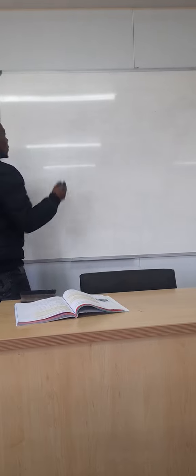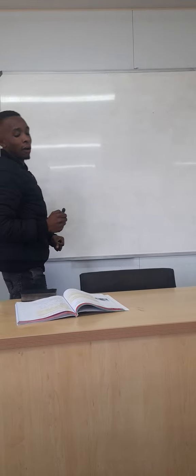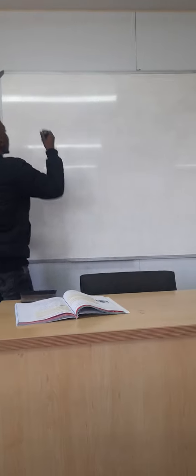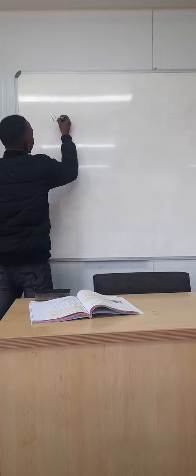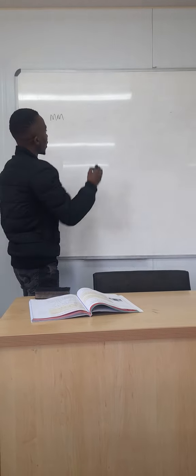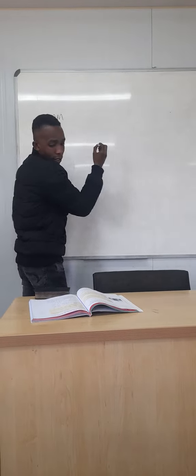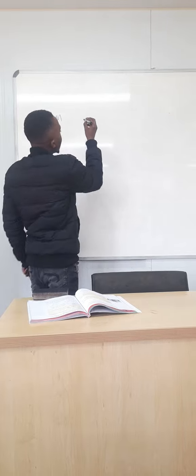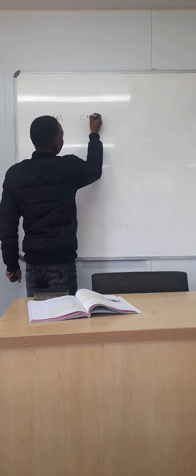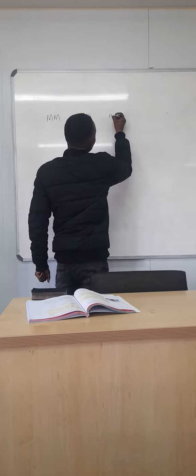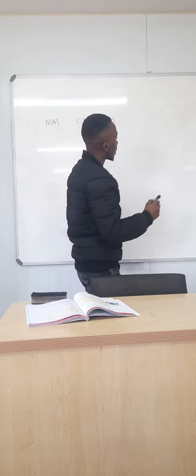To convert the unit of length, we can use this diagram. Remember, the smallest unit that you can start with is a millimeter. The second one is a centimeter. The third one, a meter, and a kilometer.